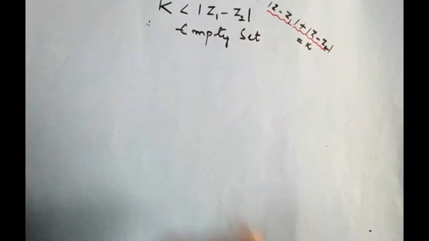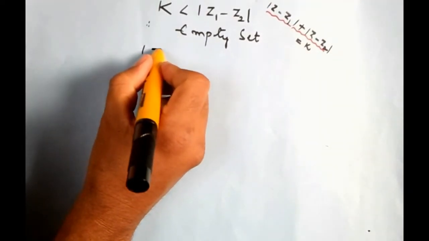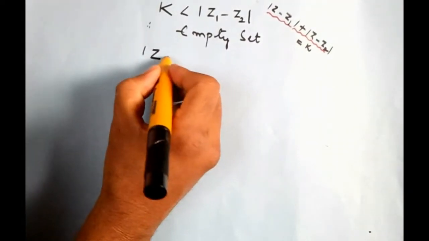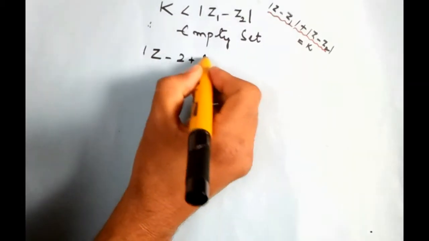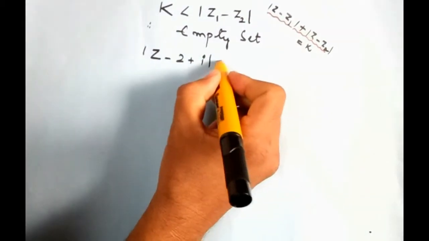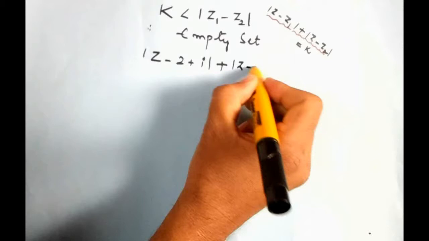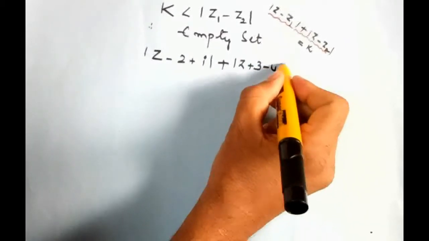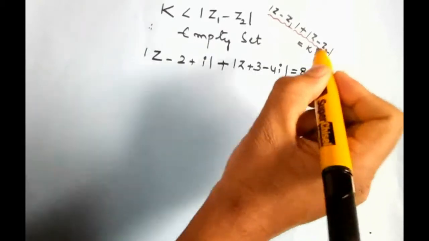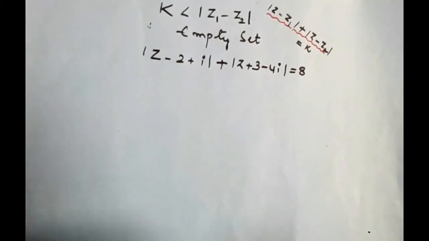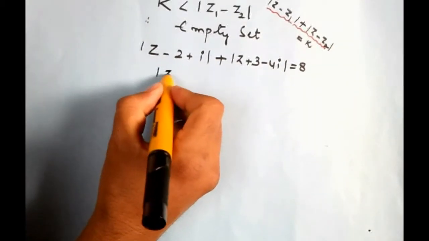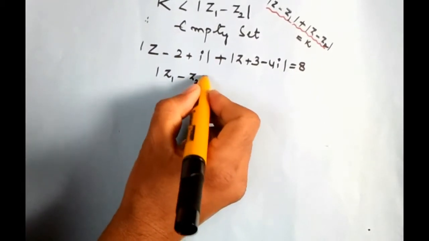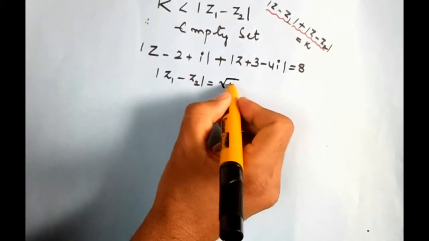Now, if I take the same condition but with a little bit of change: modulus of z minus 2 plus i plus modulus of z plus 3 minus 4i equals 8. What happens? Previously we calculated modulus of z1 minus z2, we got root 50.